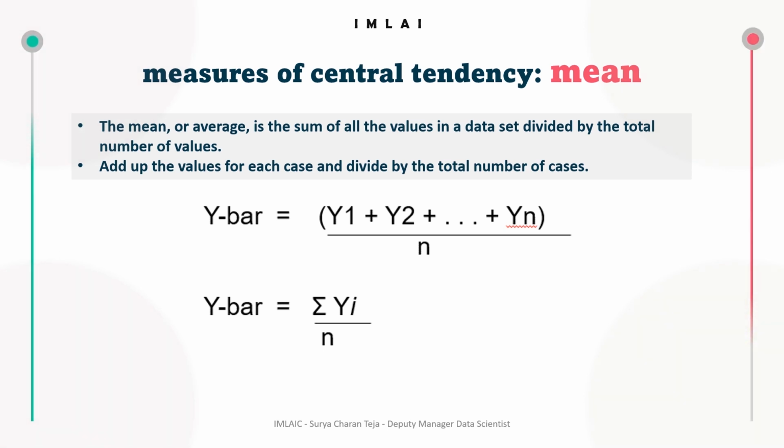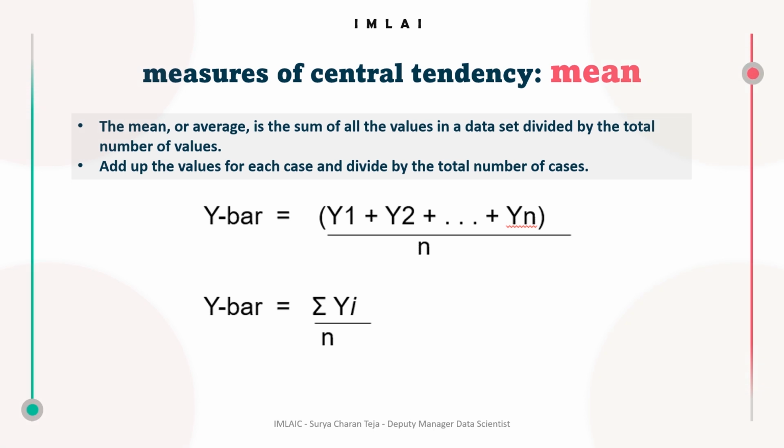The formula for the mean is, for example, y bar. That's how we represent the mean. If it is a population, y bar is equal to y1 plus y2 plus and so on plus yn, divided by n, the number of values.